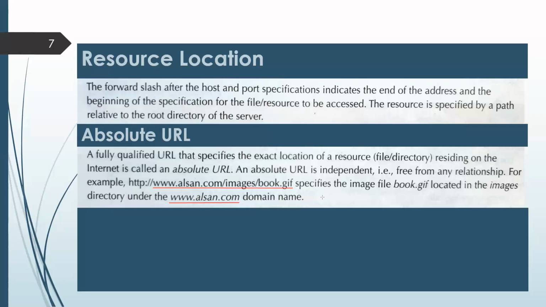That means it is independent, and the last name of the address indicates that the file or the resource or the data is located in a particular directory. Here, which is the document or the data, this part, this is book.gif. That means book.gif is an image, and that is under which domain?